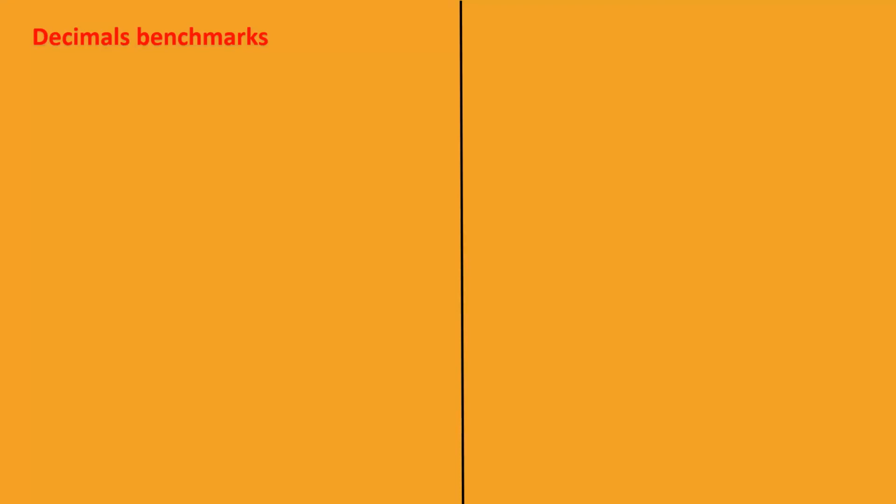In decimal, what is the benchmark here? Okay, we have 0, we have 0.25, we have 0.5, we have 0.75, we have 1. Okay, 0.25 will be 0.250 if we have 3 decimal places, we will replace 0.25 with 0.250. Why?